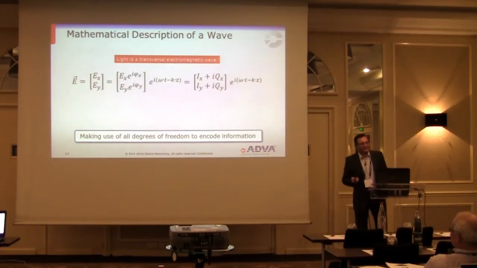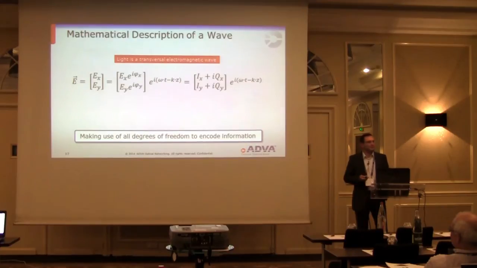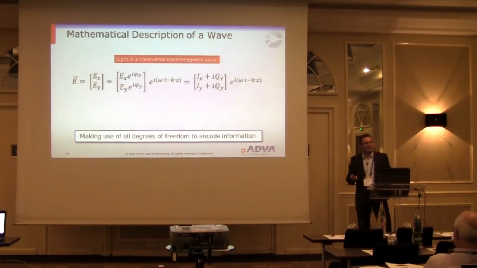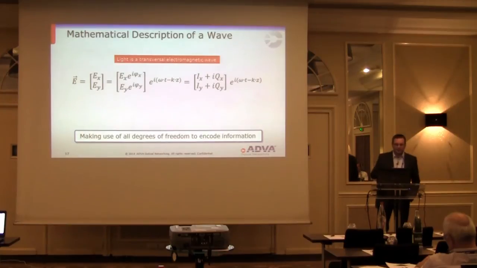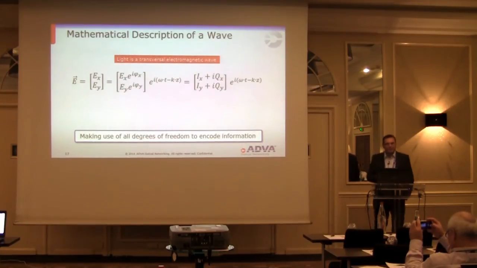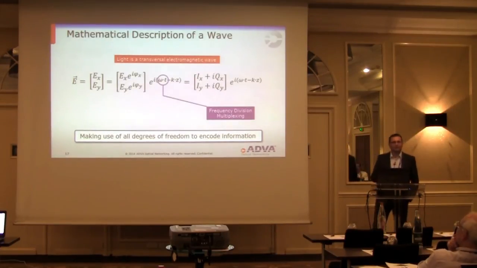So what is light? Light is, as it's called, a transversal electromagnetic wave. So just an electromagnetic wave, and every electromagnetic wave can be described by this formula there. So our wave E can be described, let's look at the middle piece here. And this has basically four parts, four degrees of freedom. The first one is the frequency in here.